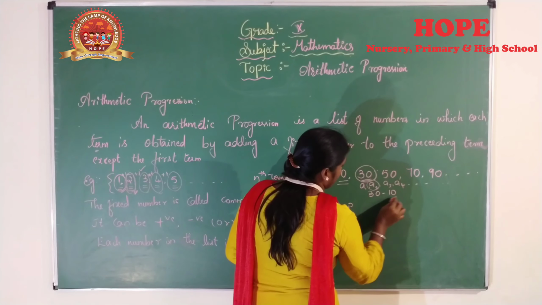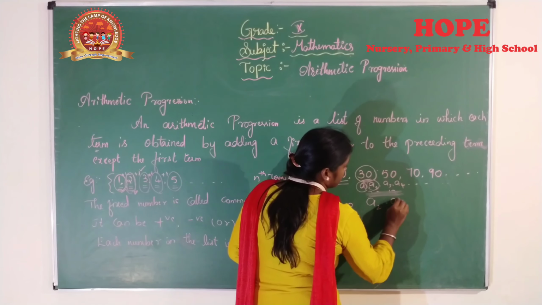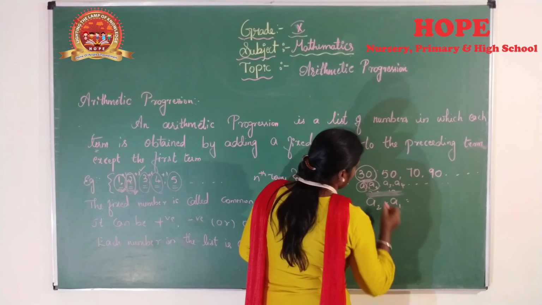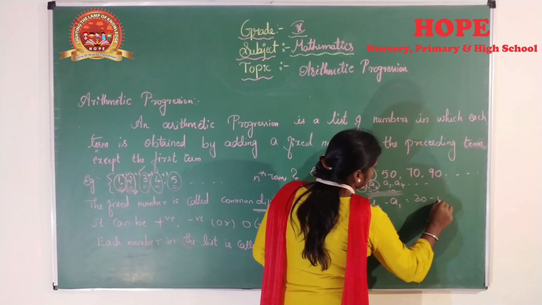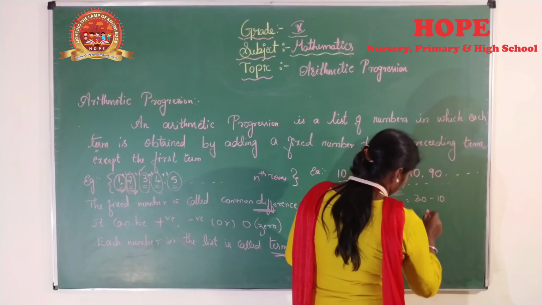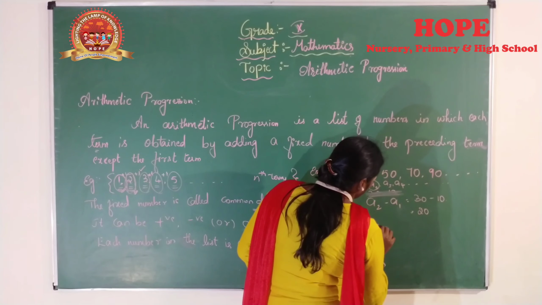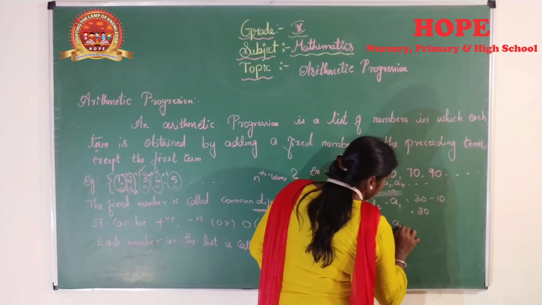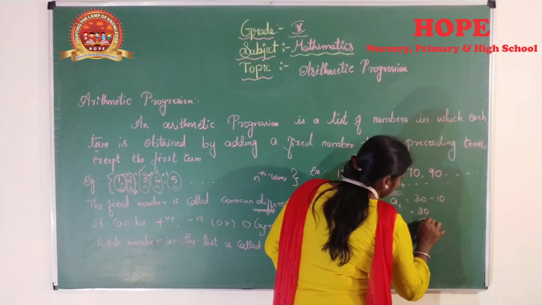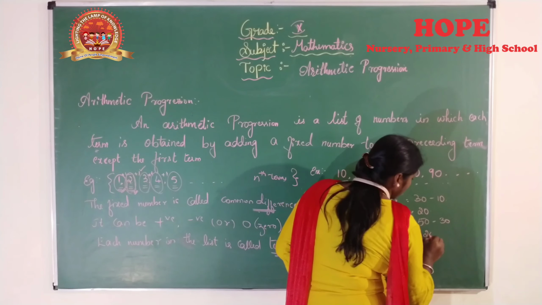30 minus 10, A1. How are we writing this? A2 minus A1, which is equal to 30 minus 10. 30 minus 10 is how much? 30 minus 10 is 20. The same way, A3 minus A2 is 50 minus 30, which is again 20.